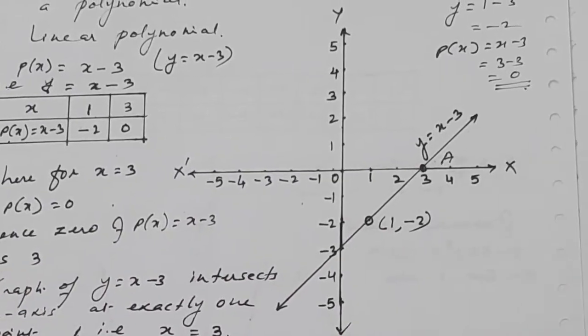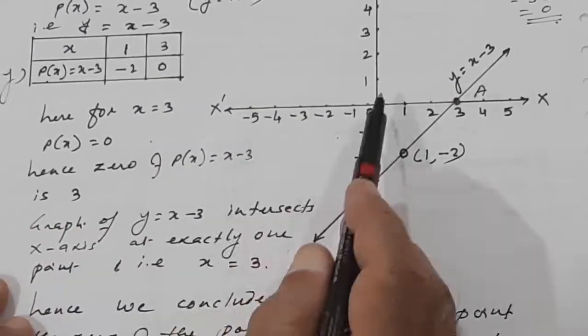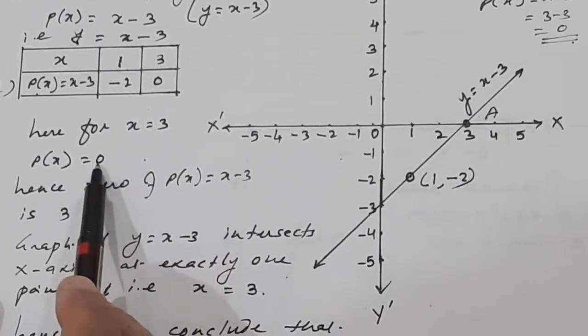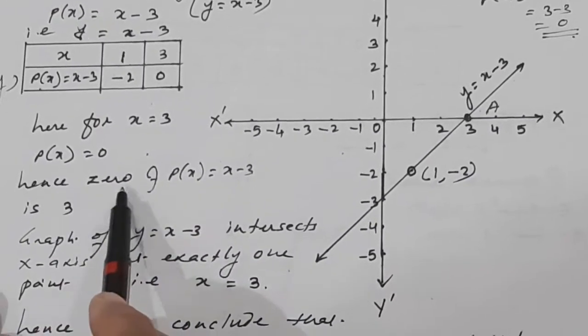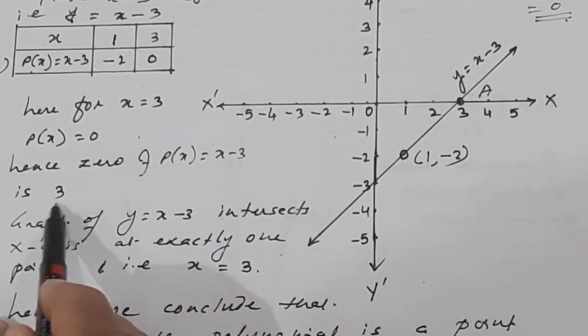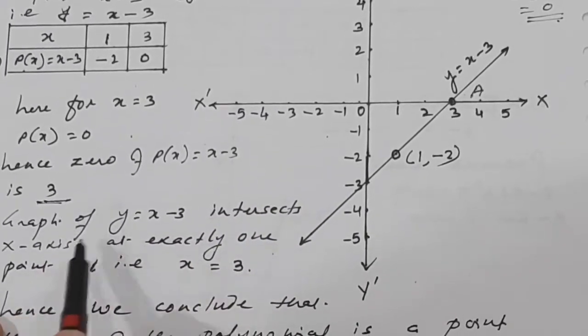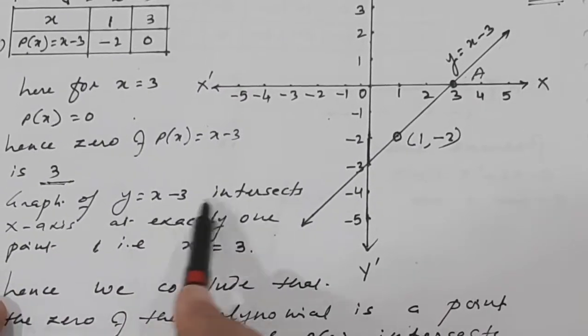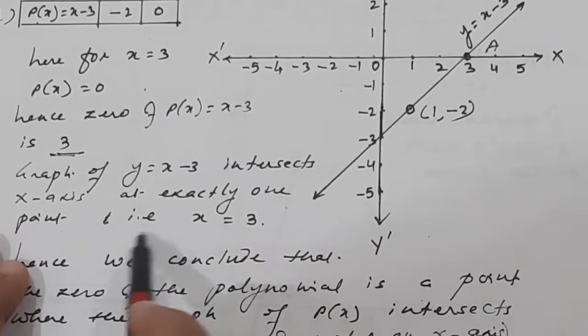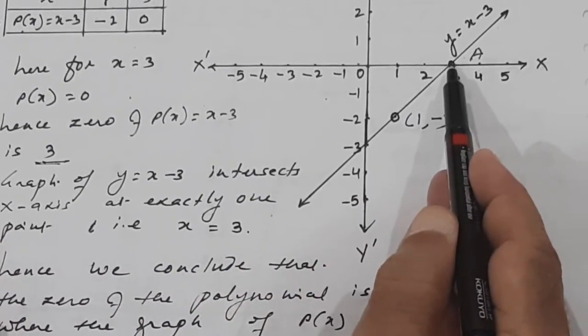So now let us have the explanation. Here for x is equal to 3, p of x is 0. Hence the 0 of polynomial x minus 3 is 3. So this is the 0. Now the graph of y is equal to x minus 3 intersects the x-axis at exactly one point, that is x is equal to 3.